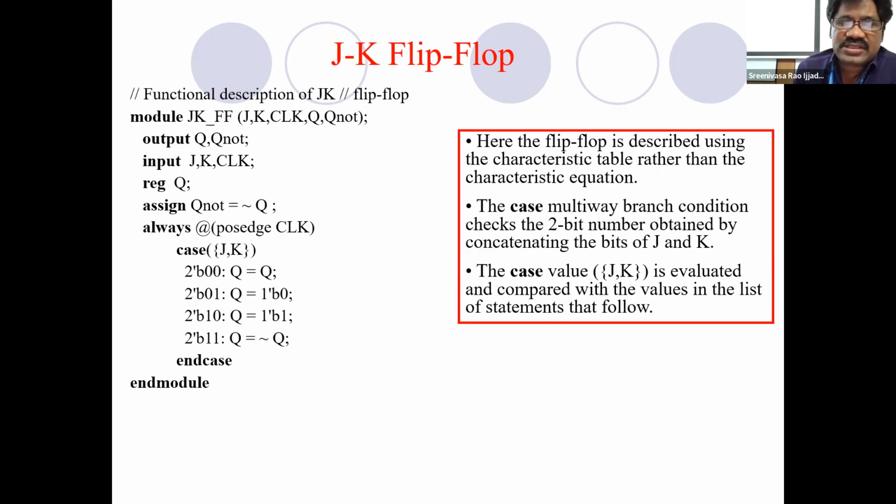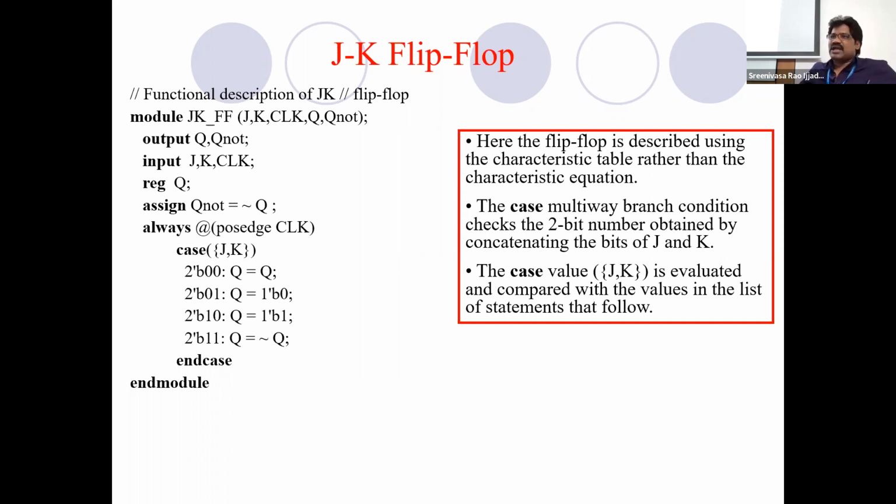Okay, the next one is, as I told you, the previous examples the people have implemented, we implemented based on the characteristic equation. Now, our behavior of the circuit, this is another approach. You can design a JK flip-flop here.